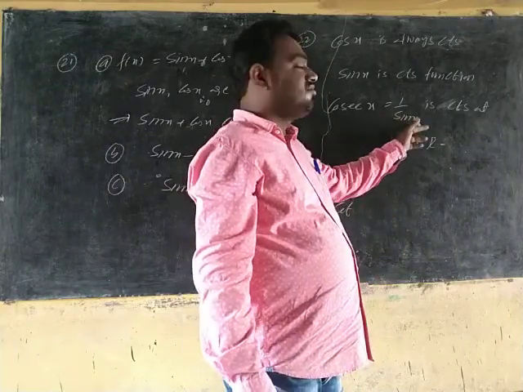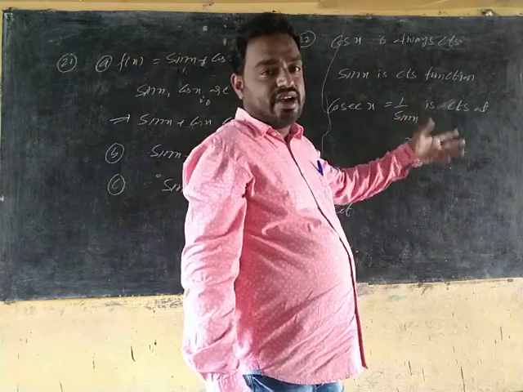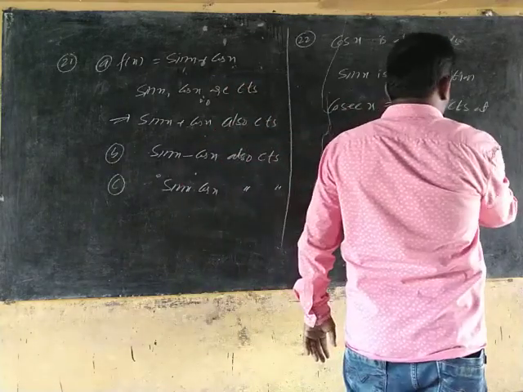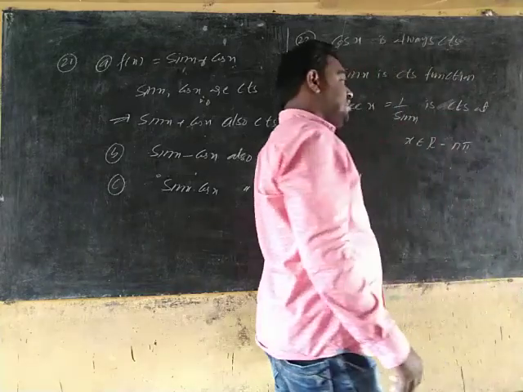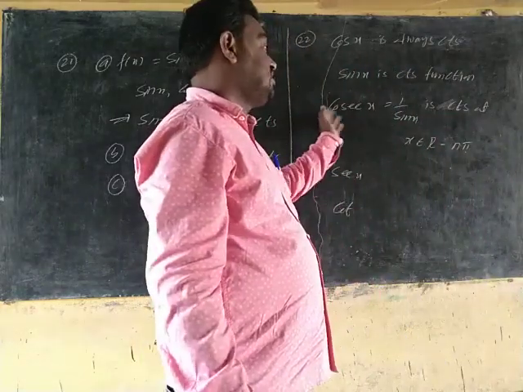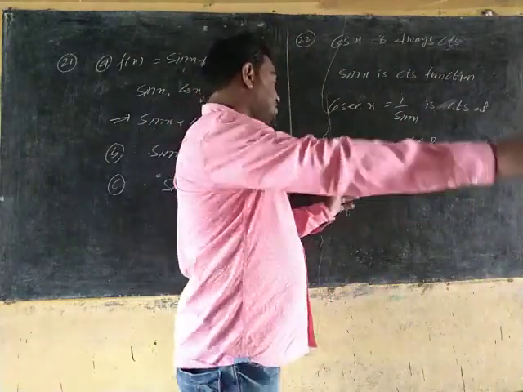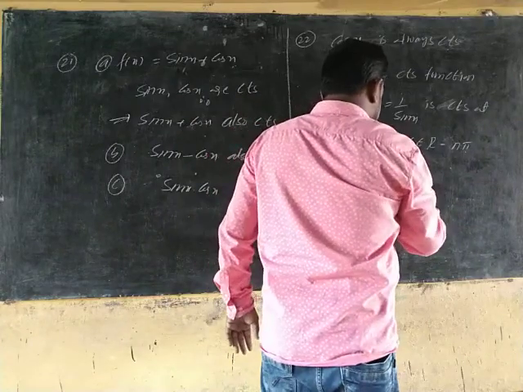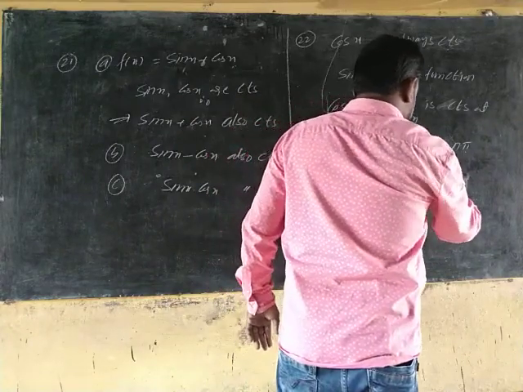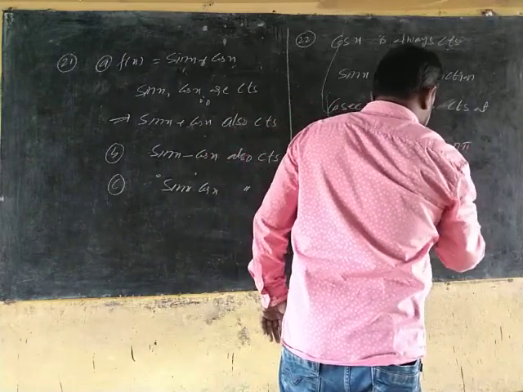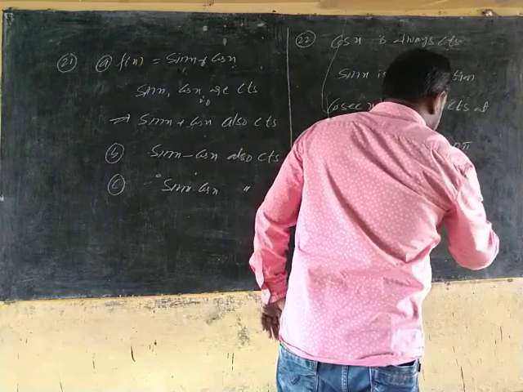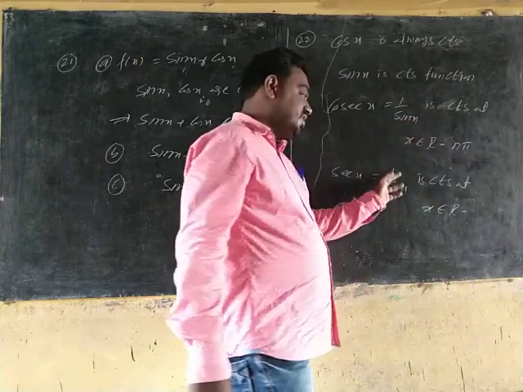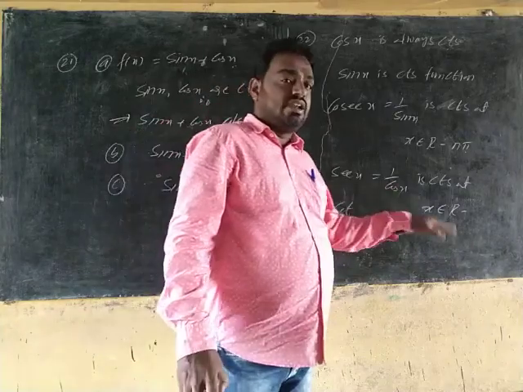So for all the n pi values, the function is continuous for x belonging to R minus n pi. Next, sec x is 1 by cos x, which is also continuous for x belonging to R, except where this function is not defined. Those values are subtracted.